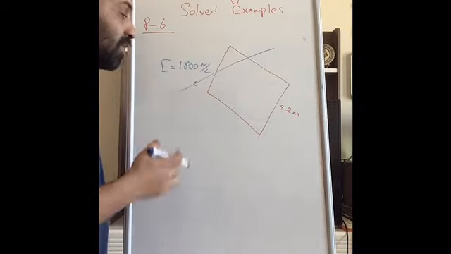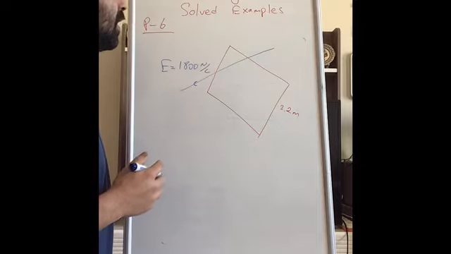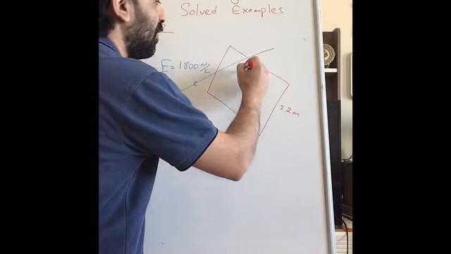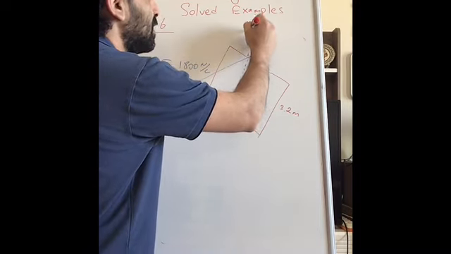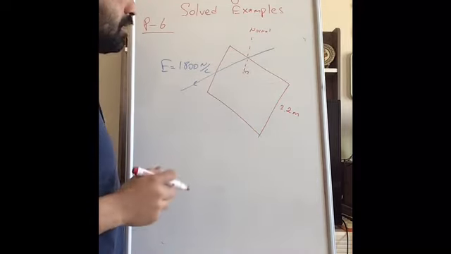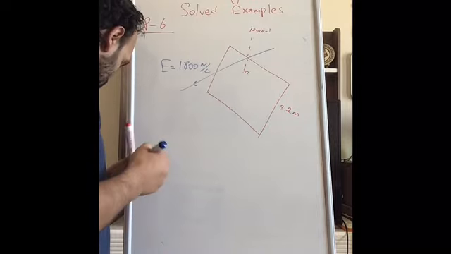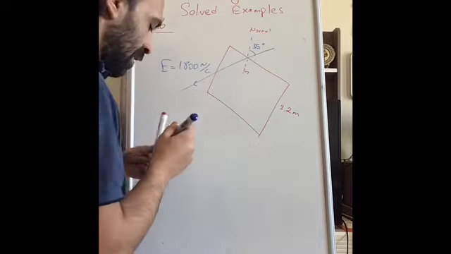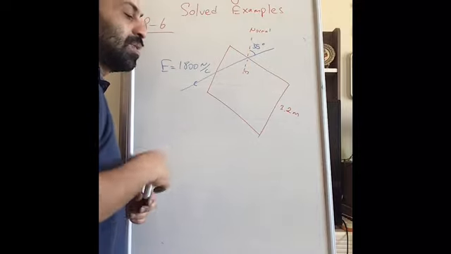This is just the magnitude. The line shows you the direction of the electric field. And if we draw the normal of this surface, this is the normal. It makes a right angle, 90 degrees, with the surface, and it makes 35 degrees with the electric field. And we are asking what is the electric flux through this surface.